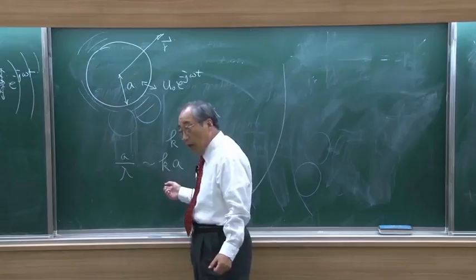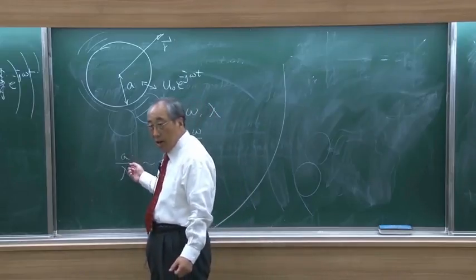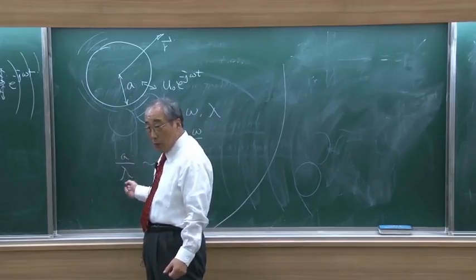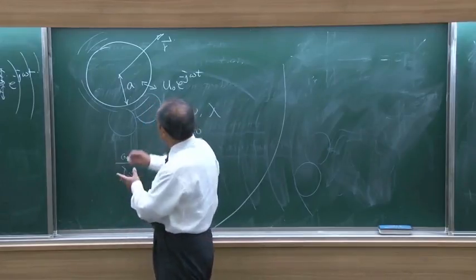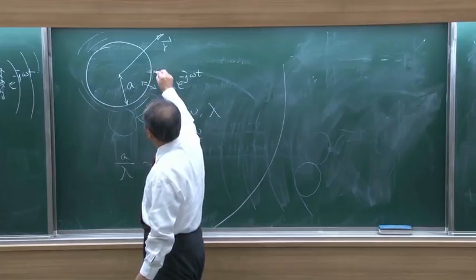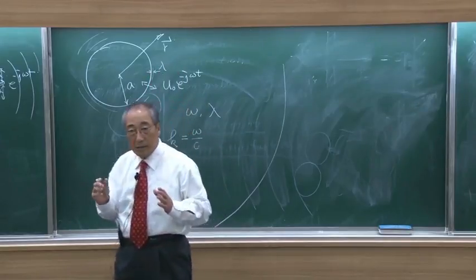When Ka is large, then the radiator size is large compared with the wavelengths. That means this breathing sphere radiates wavelengths like this.